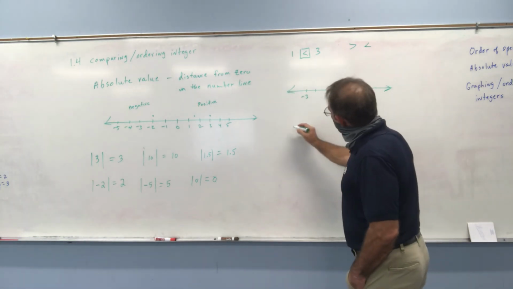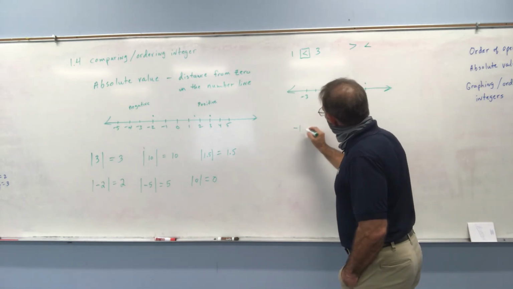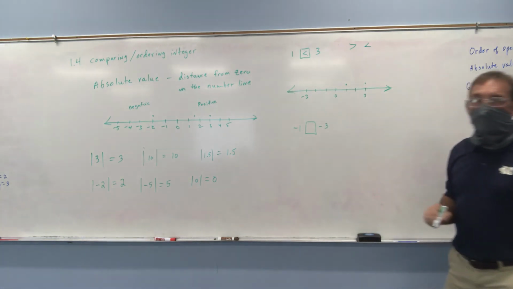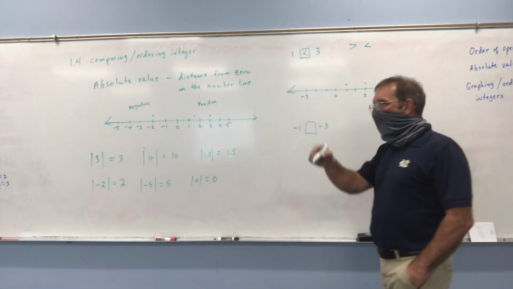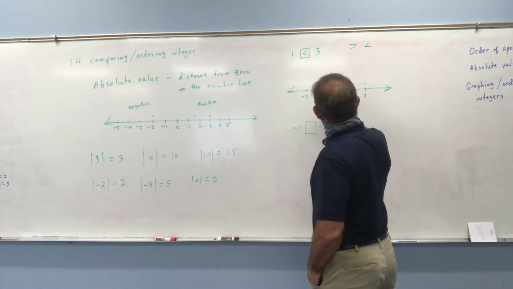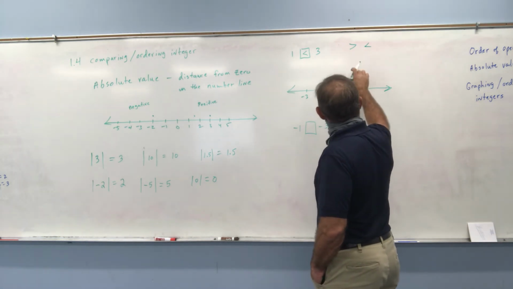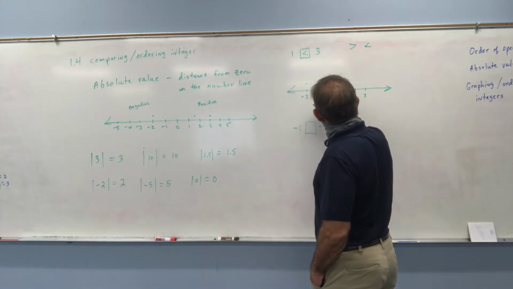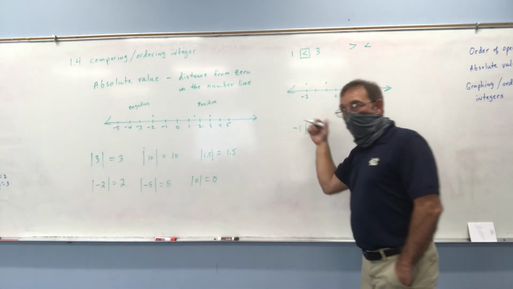What if we wanted to decide between -1 and -3? That's a little less obvious. Which one of those is bigger? -1 is bigger. -1 is bigger because here's -1, here's -3. -1 is to the right of -3.